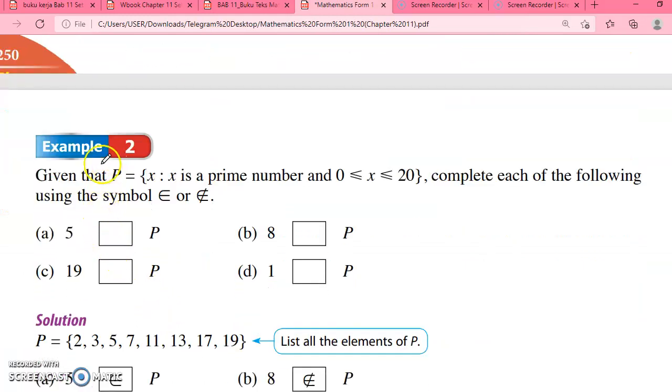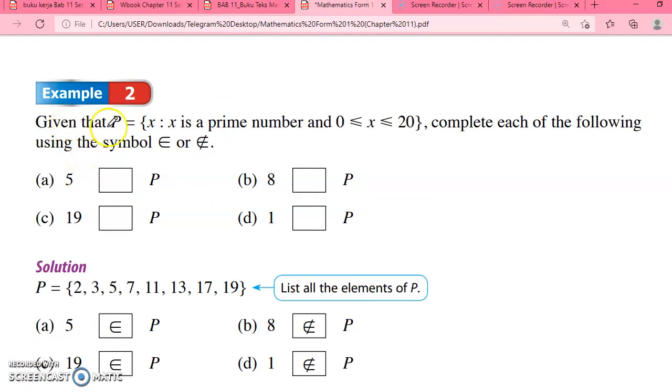Look at example number 2 in the textbook. Given that P is the set of prime numbers between 0 and 20, complete each of the following using the symbol element of or not element of.